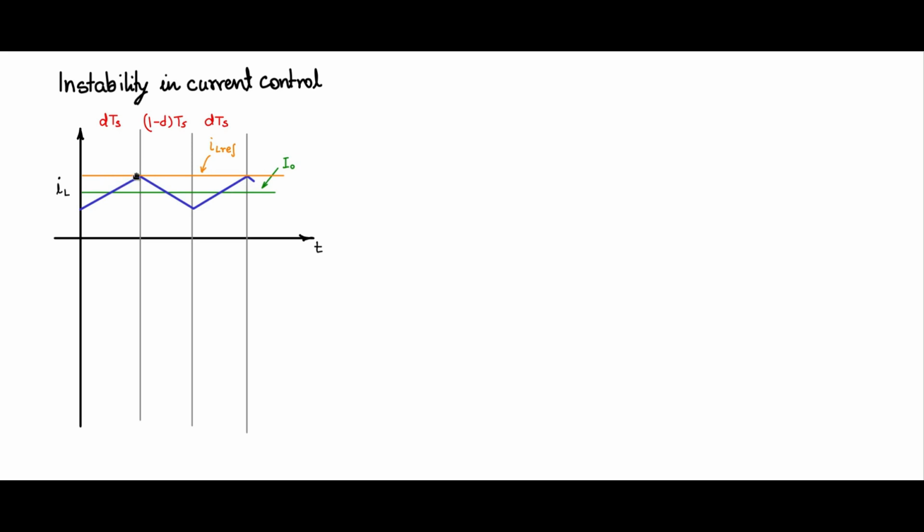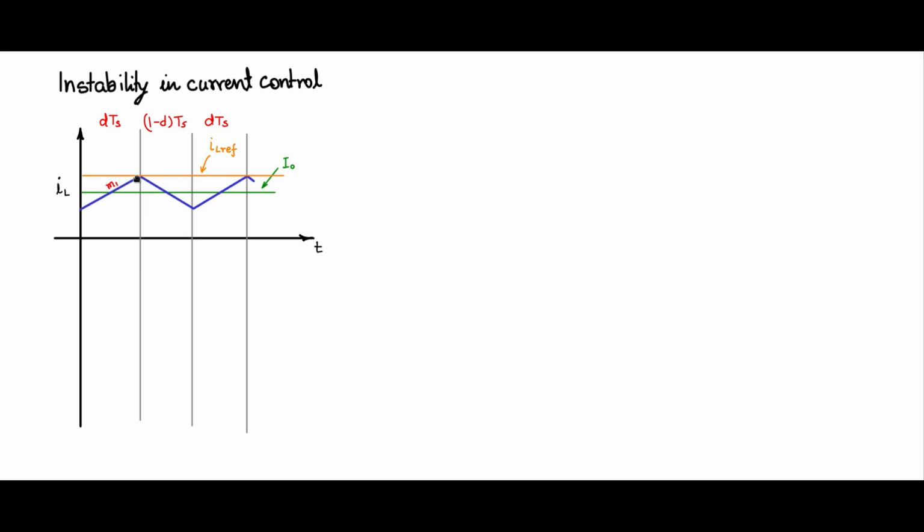Now let me indicate the rising slope as M1. This is a generic slope term. It can be used for representing the slope on any converter, whether it be a buck converter or the buck boost converter or the boost converter or any other isolated converters as well.